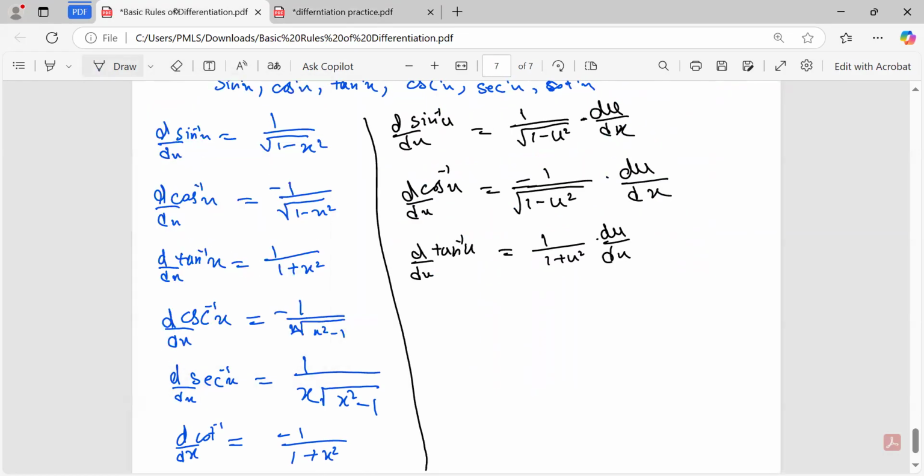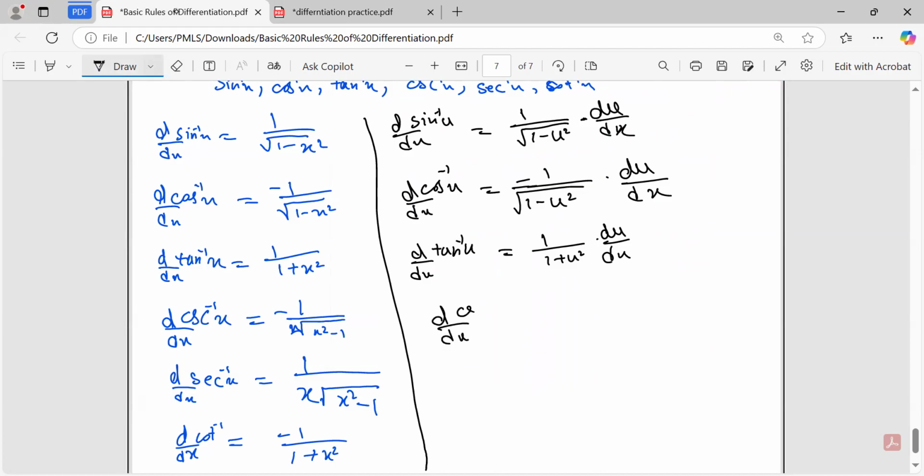After that, next one is cosecant inverse. When you have cosecant inverse u, it can be written as minus 1 over u times square root of u square minus 1, times the derivative of u with respect to x.